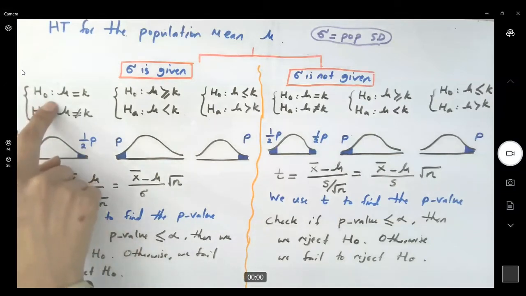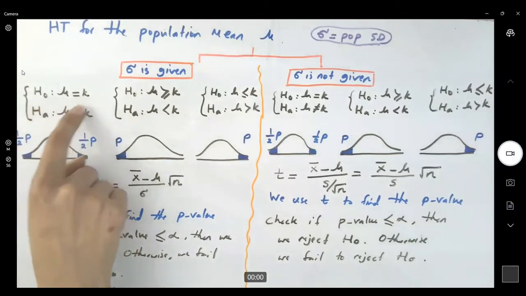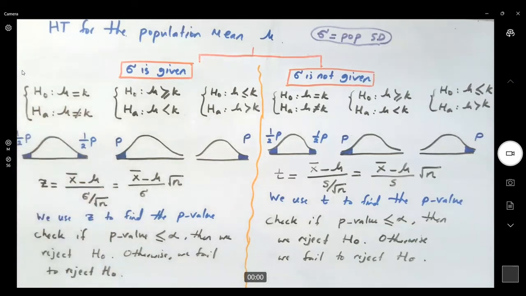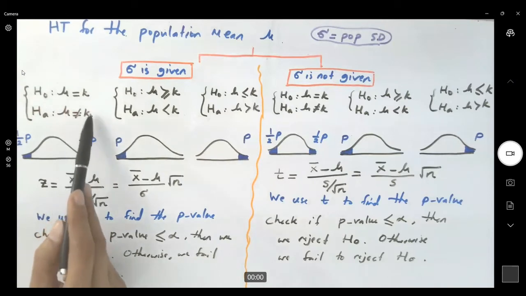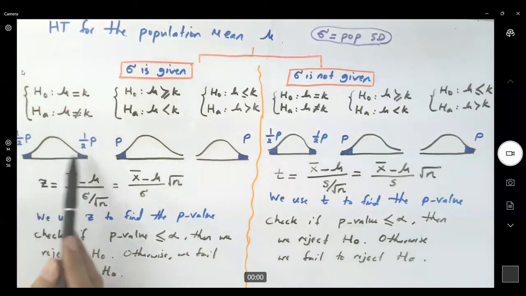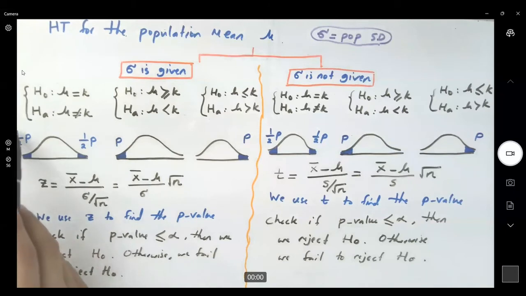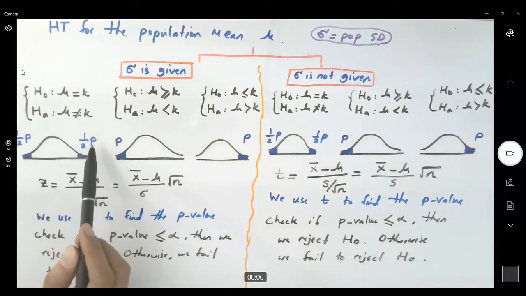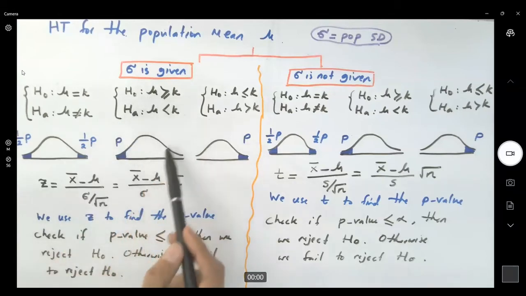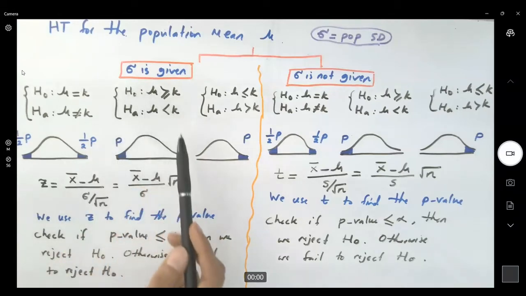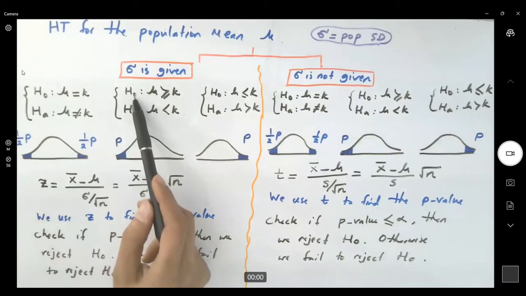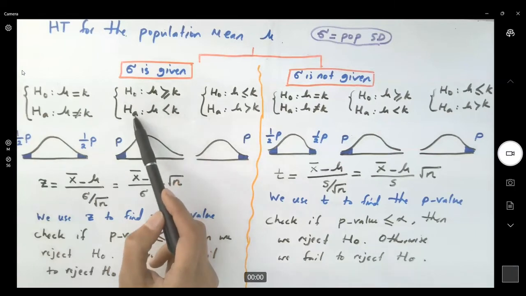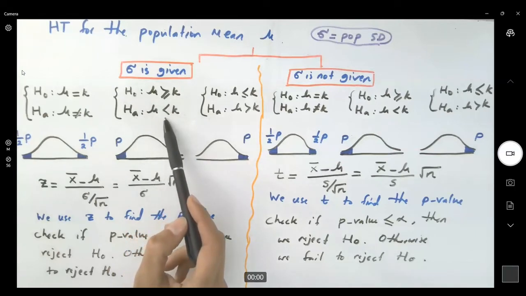In the first scenario, if mean is equal to k, its complement, the alternative hypothesis, says mean is not equal to k. It means that we have a two-tailed graph, a half of p on the left, a half of p on the right. However, in the second scenario, if your null hypothesis says mean is larger than or equal to k, its complement says mean is less than k.